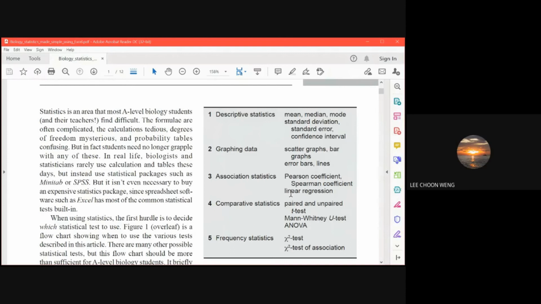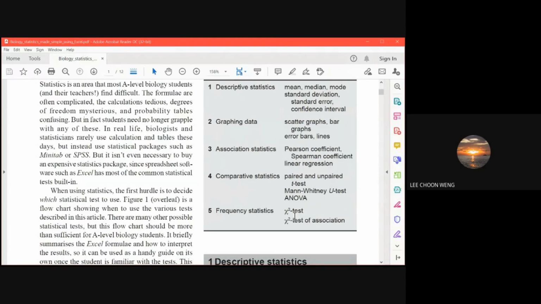Linear regression, as I mentioned, gives you an equation that allows you to model and predict when changes occur. Comparative statistics are usually paired or unpaired t-test. The U-test is the non-parametric version. Then you also have your ANOVA. For frequency statistics, they usually use the chi-square.